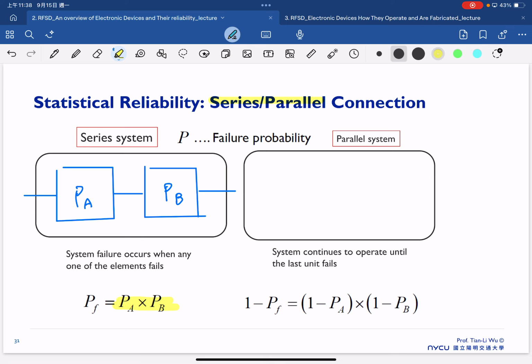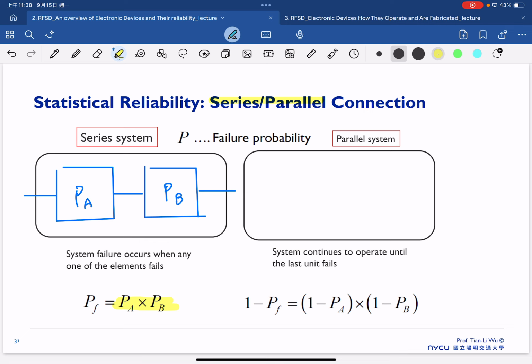So that's high school probability. This is nothing very difficult mathematics. This is what we already know, that you have two independent events. You connect these events in one series way, then the overall probability will be component A times component B. That will be the overall system reliability.